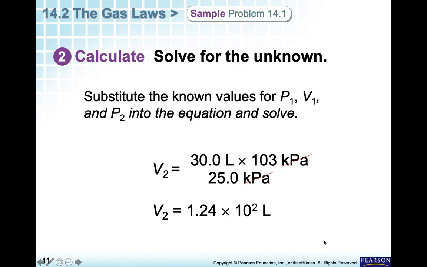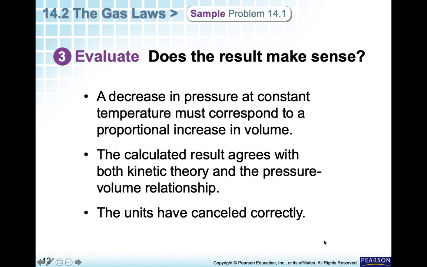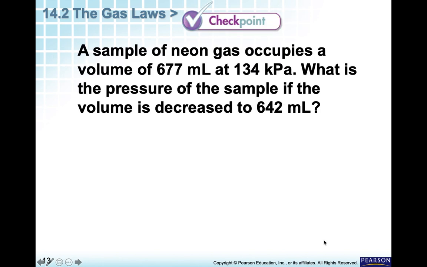And that makes sense because it went from a small volume to a big volume because the pressure went from a big pressure to a smaller pressure. So a decrease in pressure at constant temperature must correspond to a proportional increase in the volume. The units canceled correctly, so we do have the correct answer.